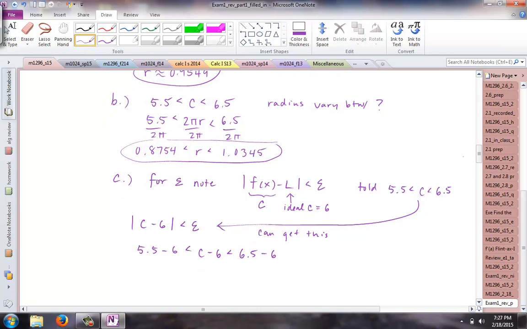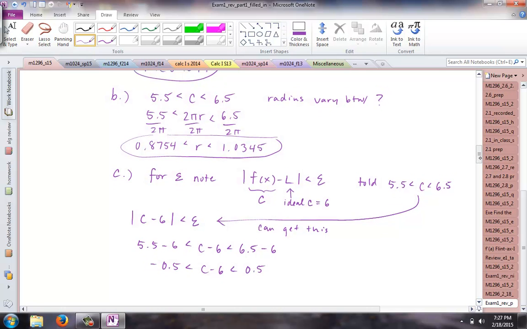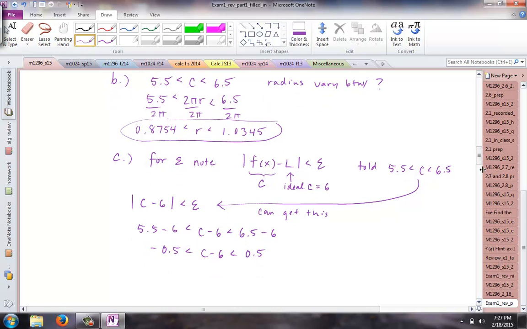So take 5.5 minus 6, and you get negative 0.5. C minus 6 in the middle, and 0.5 on the right. And now, usually we're doing this step the opposite direction when we went over the algebra review, but notice that we have a negative and a positive and they're the same value.